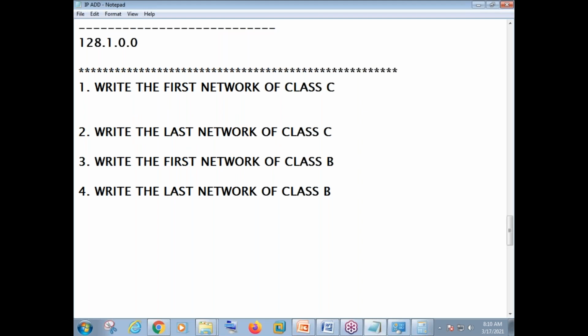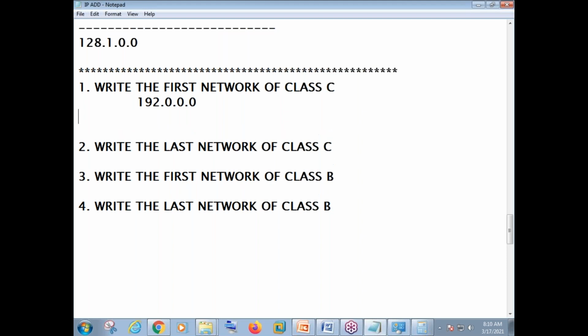So the first network of class C is 192.0.0.0, and it will go up to 192.0.0.255. So we know it begins with 192, but remember, second, third, and fourth octet we can start from 0 again, right?